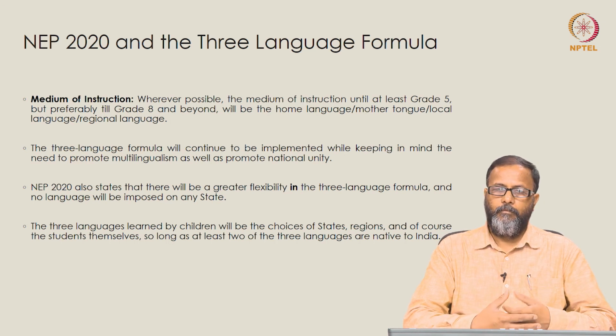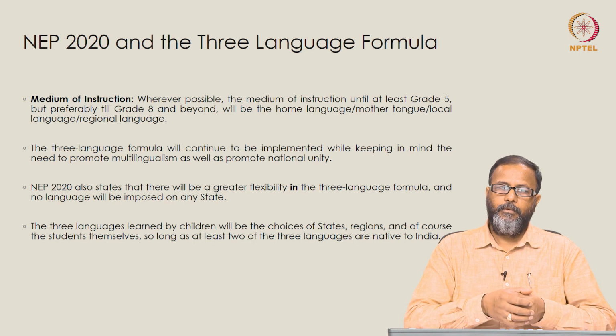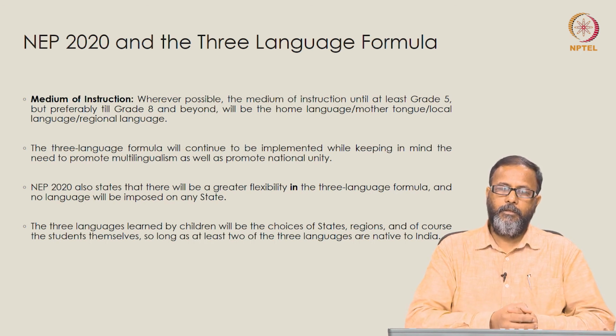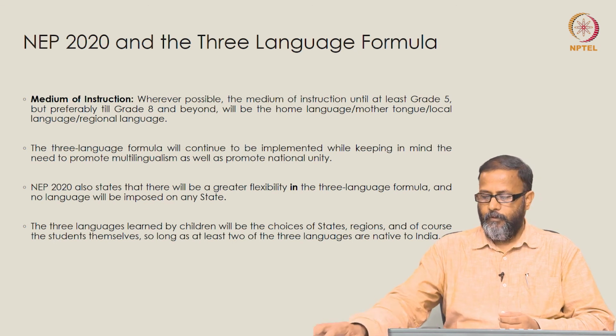So we hardly see any shift in any of these policies, and English continues to be in its central position in the entire linguistic ecology of the country, of India.